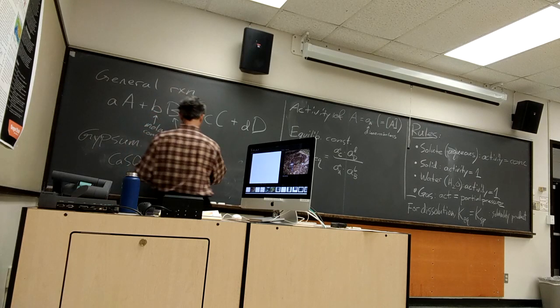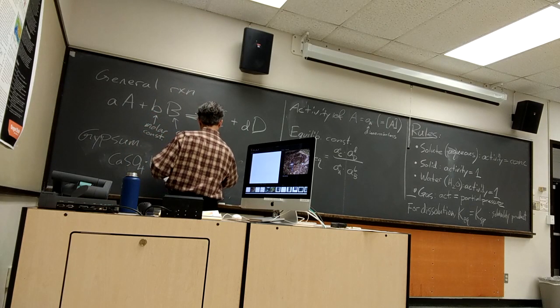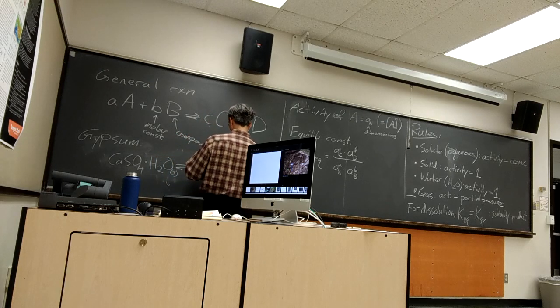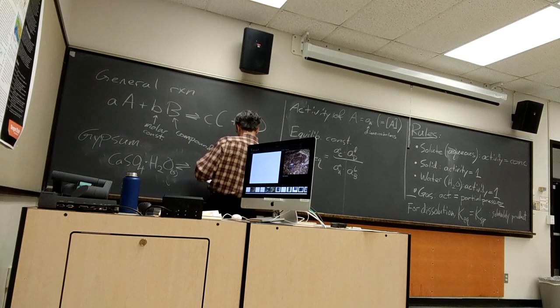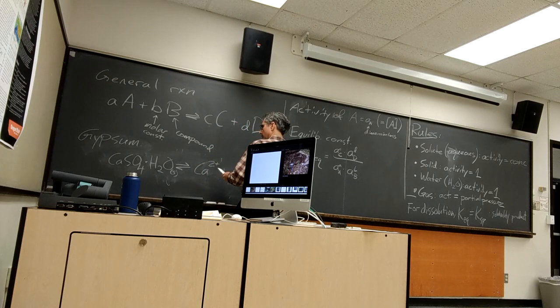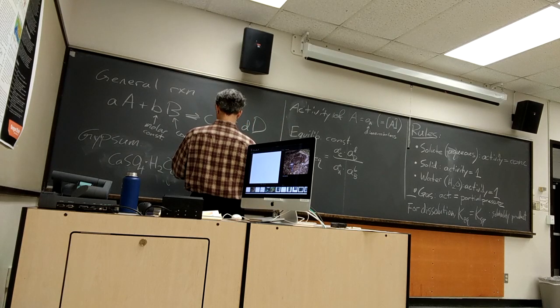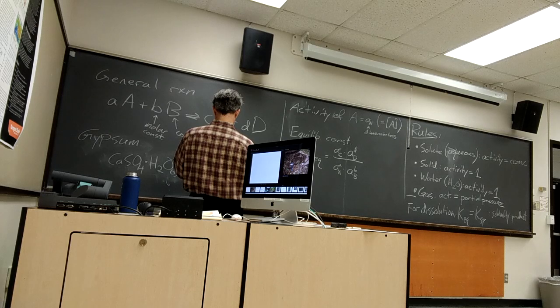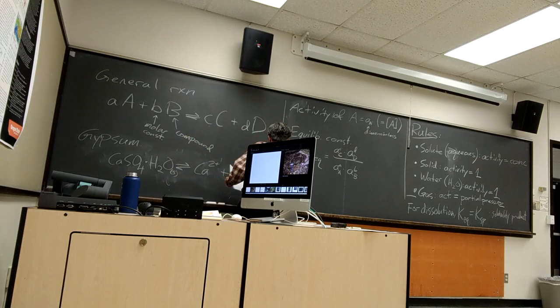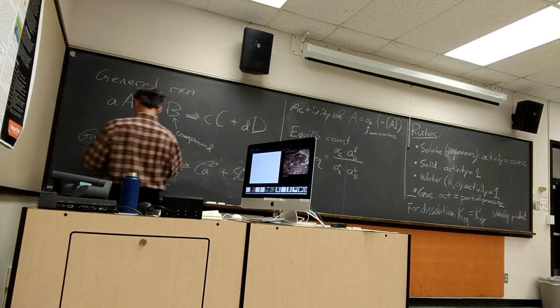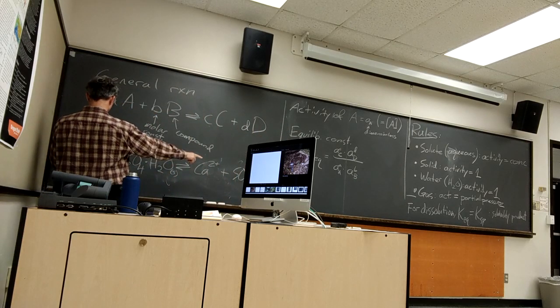So therefore, we just have calcium ions plus sulfate ions plus, there might be supposed to be a 2 here, and therefore a 2 over there.